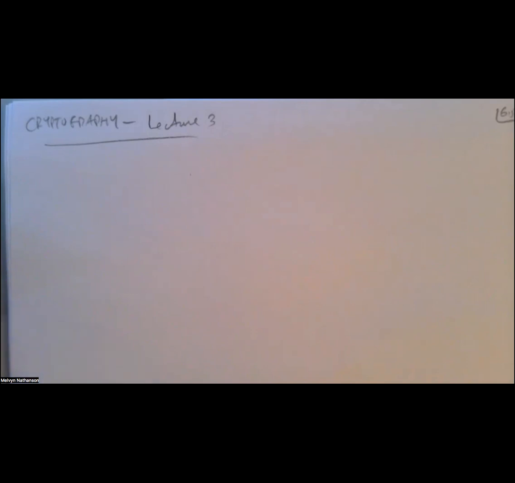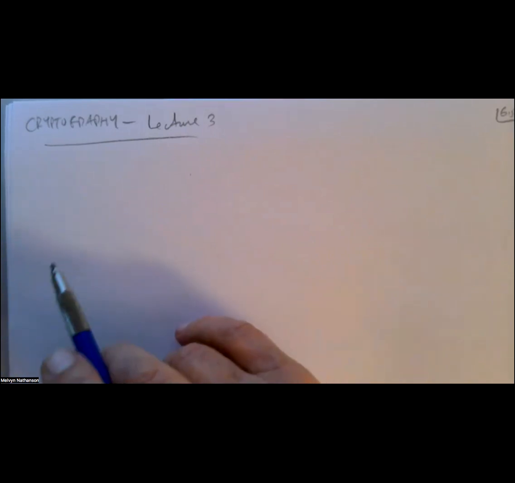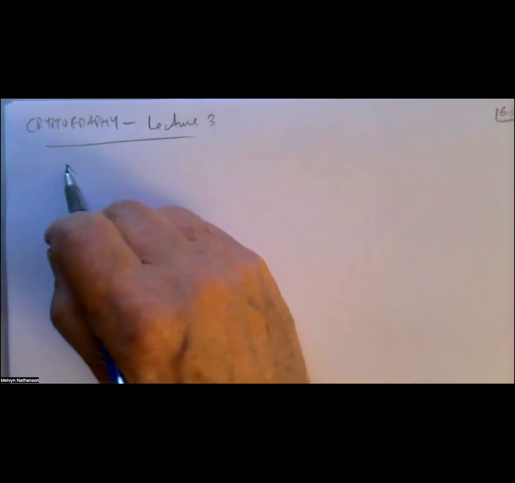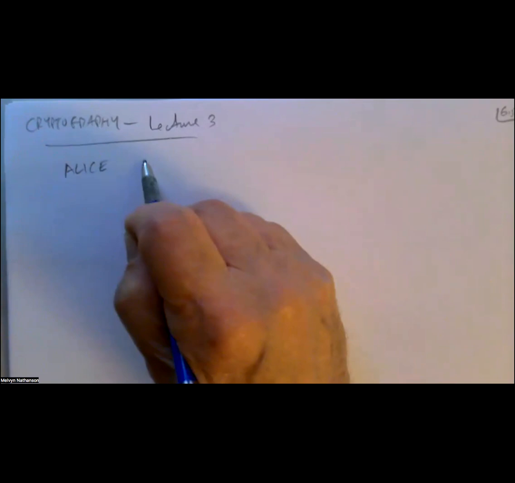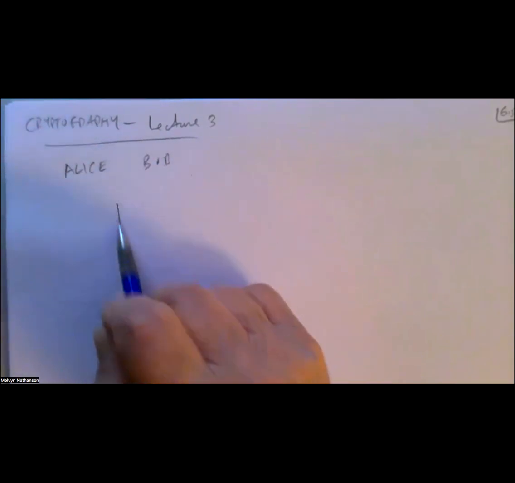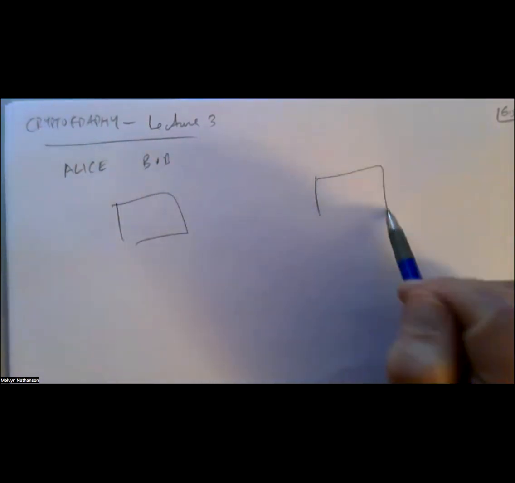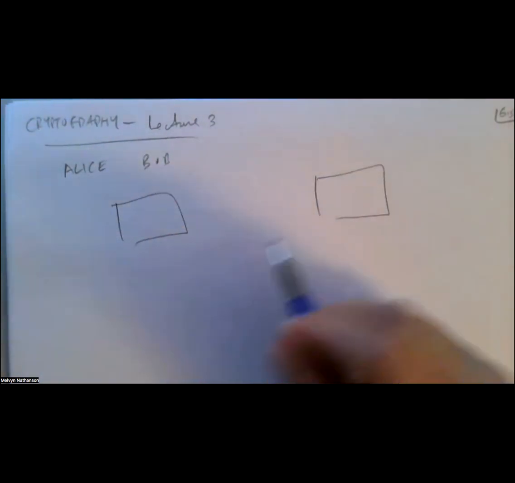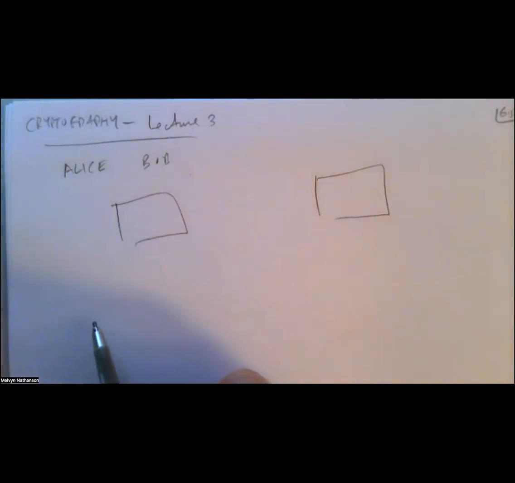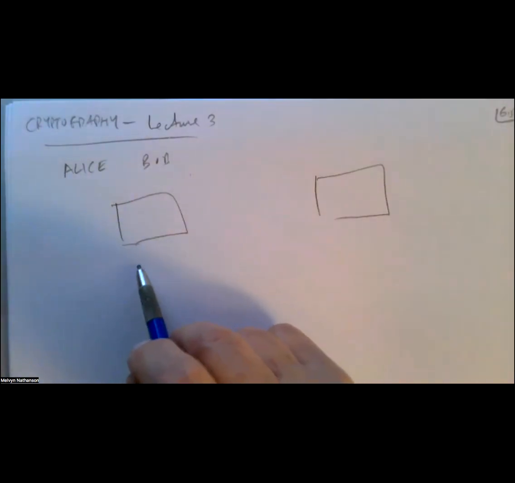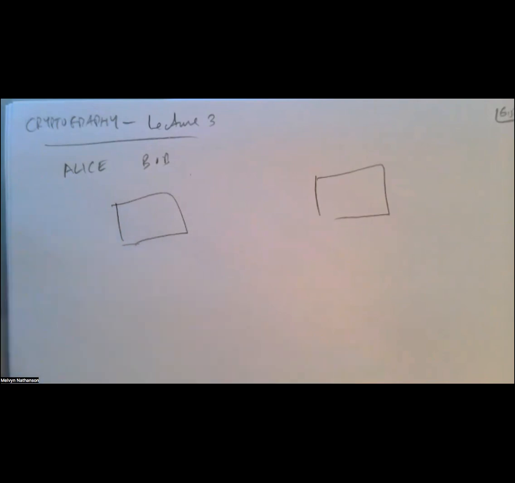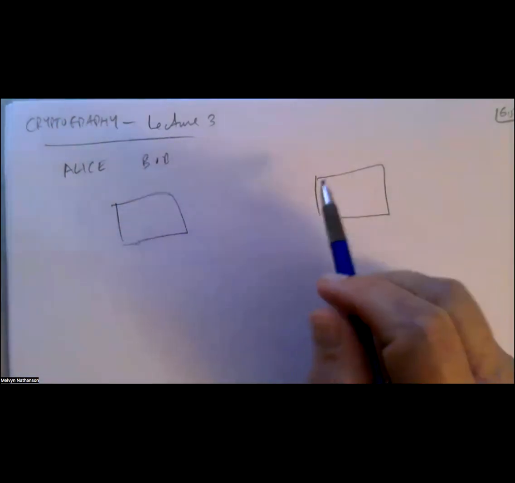the person who gets the message can understand it, but anyone who intercepts the transmission can't figure out what the message is. So typically you have two people, Alice and Bob, and they want to communicate. Let's say Alice has a message she wants to send to Bob.